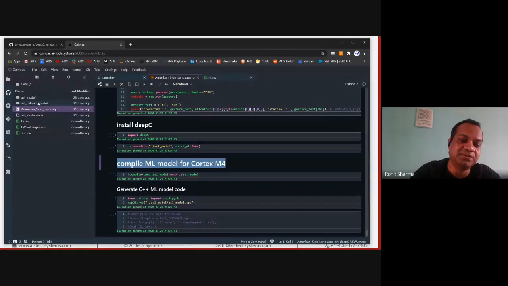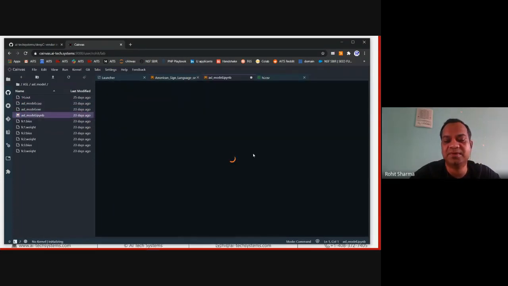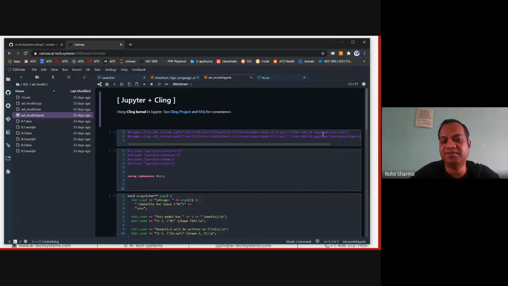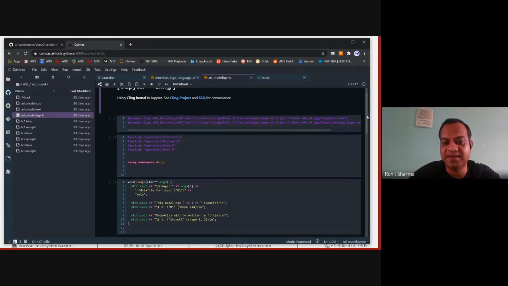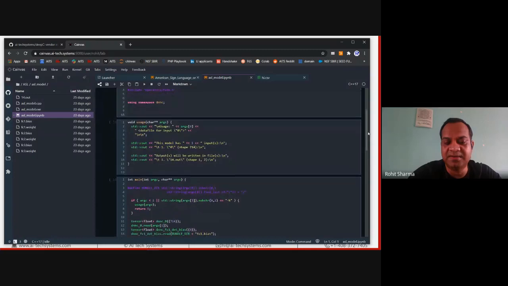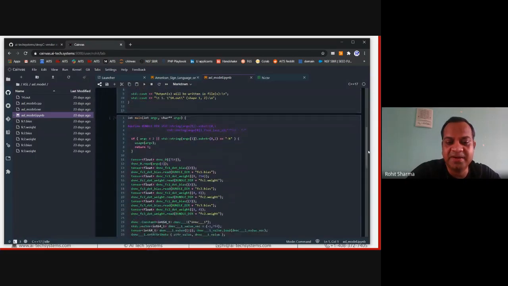If you are keen to get into the C++ side and would like to develop that further, we have a C++ kernel that lets you experiment and compile the networks.